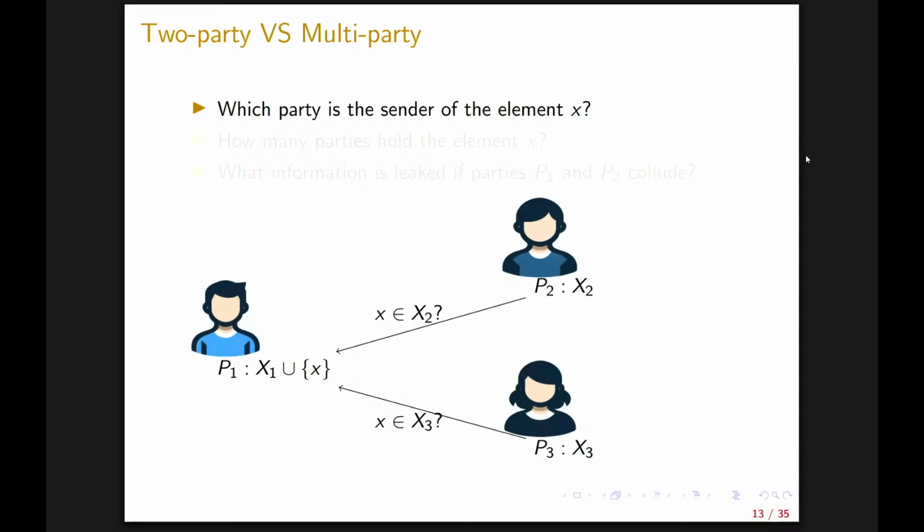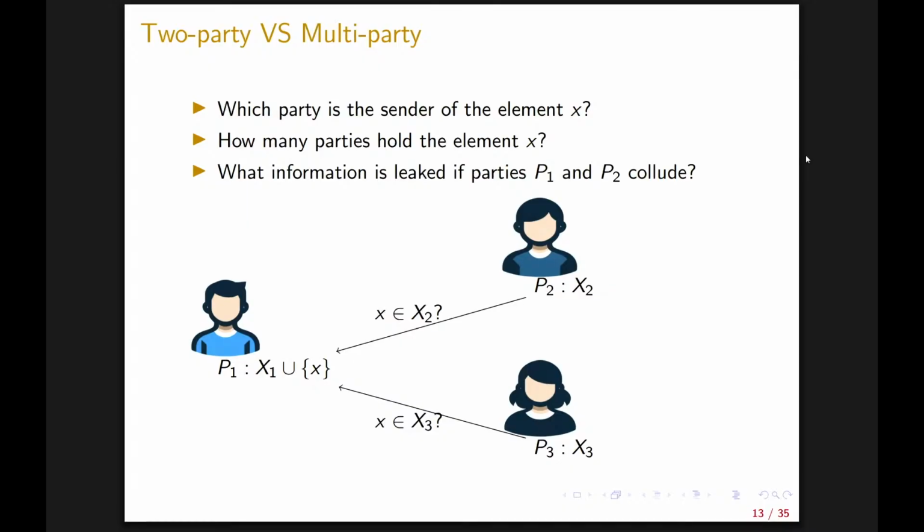In PSI, everyone has the same item, so it should be fine, right? In PSU, you want to hide who has X, and also you want to hide how many parties have X, right? And a very common setting when you deal with multiple party setting is that a few parties collude. You don't want to reveal additional information.